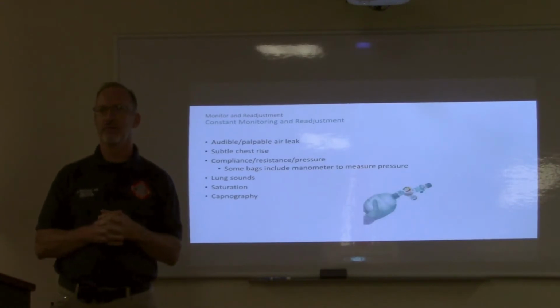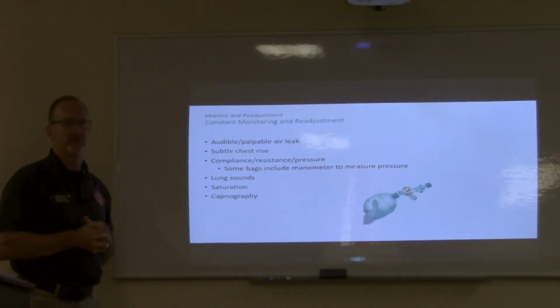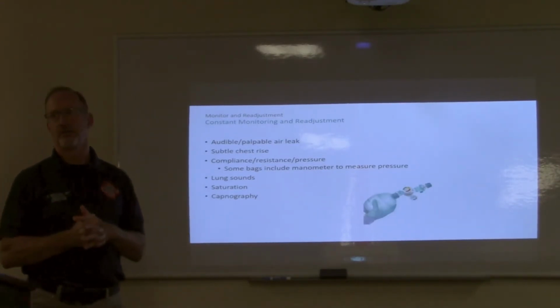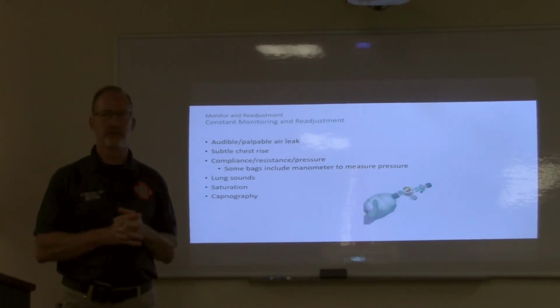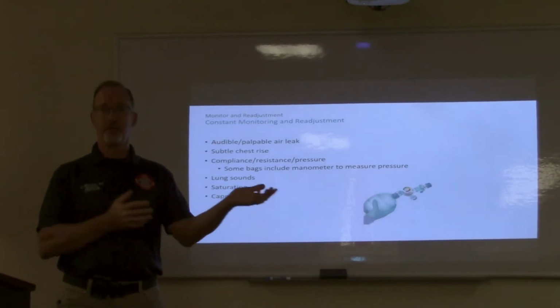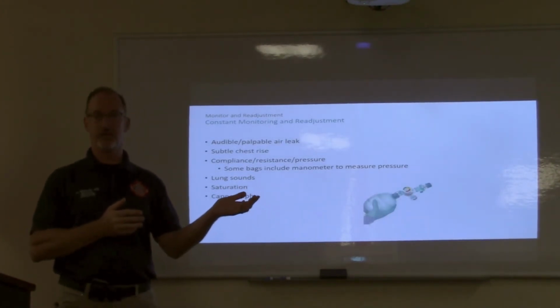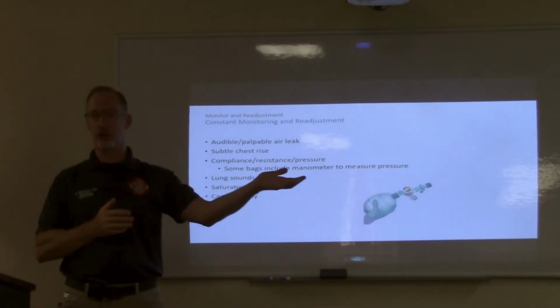What else can you tell from capnography? Can you tell if you're over ventilating or under ventilating? Adequate ventilation. How do you tell? Yeah, you can look at the CO2 level. So if you're bagging for somebody, it's nice to know where they start.